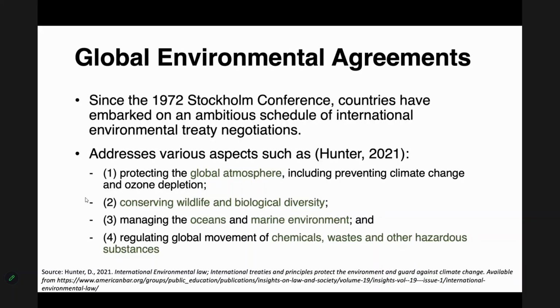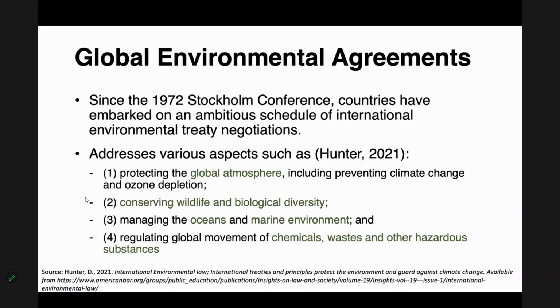Then there are others about conserving wildlife or biological diversity. And then there are others about managing oceans or the marine environment. Then there are regulations about these different areas.